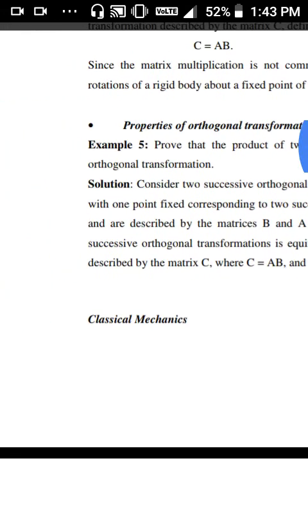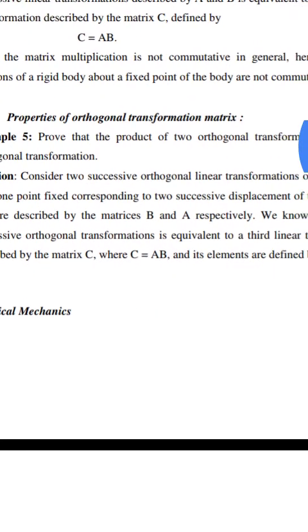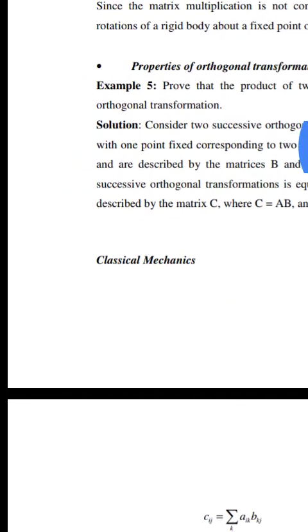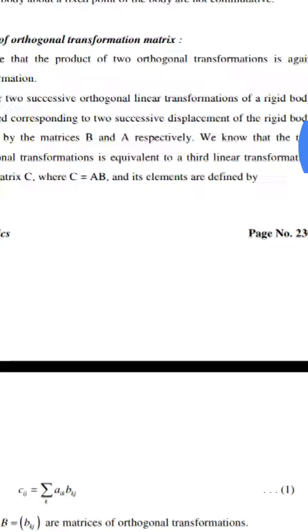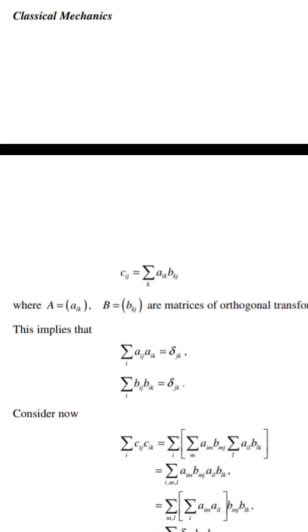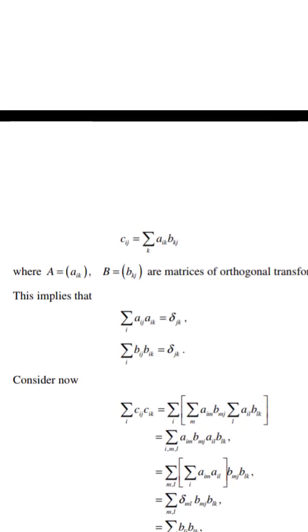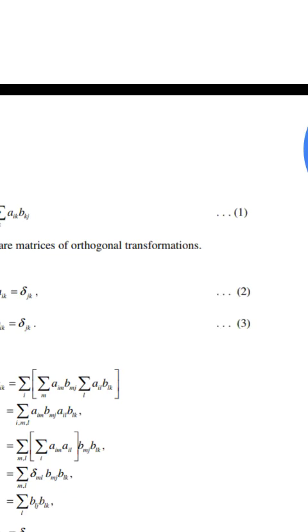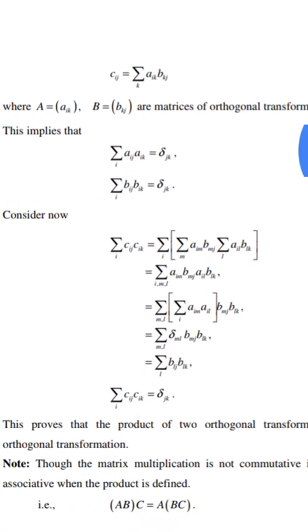We know that two successive orthogonal transformations are equivalent to a third linear transformation described by the matrix C, where C is equal to AB and its elements are defined by Cij equal to the summation of Aik, Bkj, where A is equal to Aik, B is equal to Bkj are matrices of the orthogonal transformations.